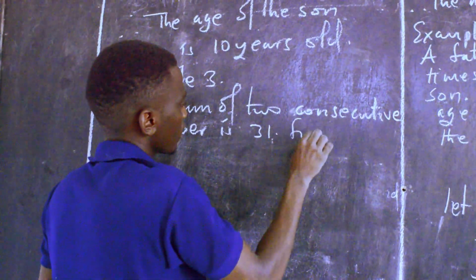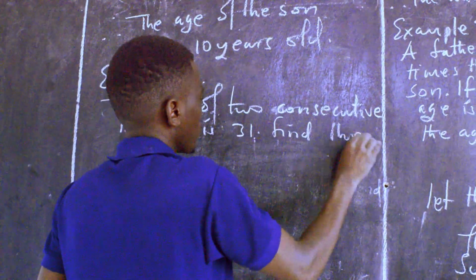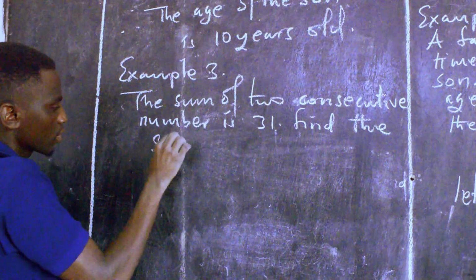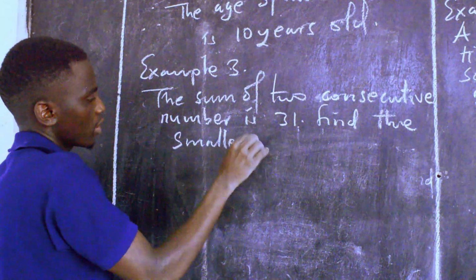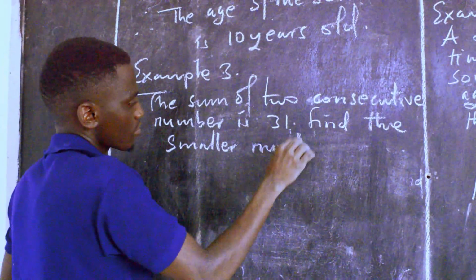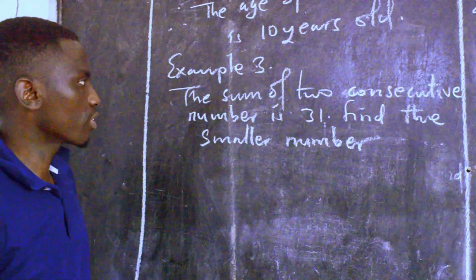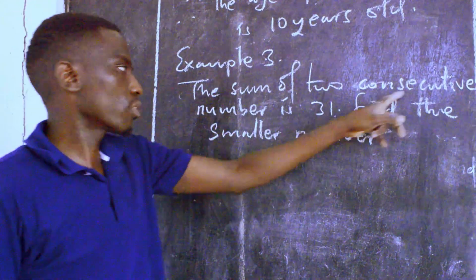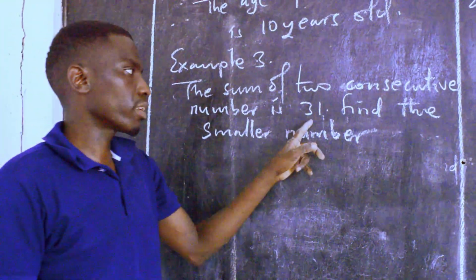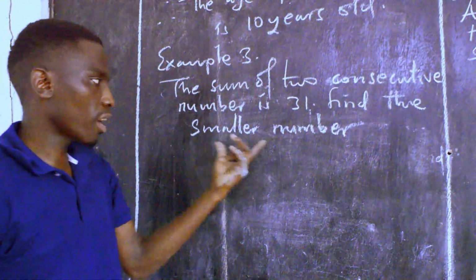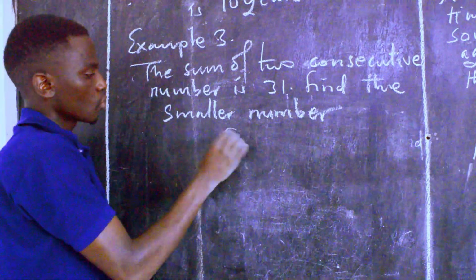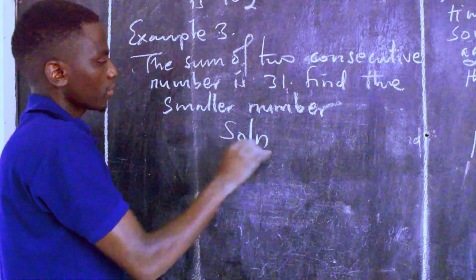Find the smaller number. You have this question here: the sum of two consecutive numbers is 31. Find the smaller number. Solution here.